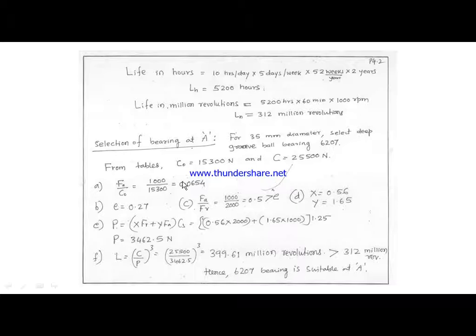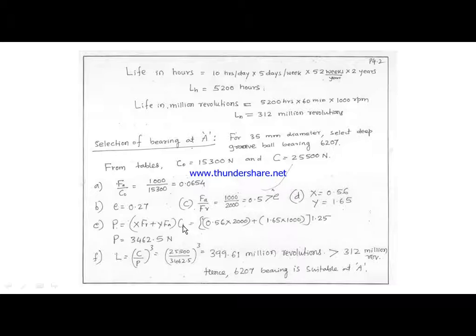Calculate the FA by C0 ratio, which is 0.654. For this value of FA by C0, get the value of E from the tables. Compare this with the value of FA by FR. So the value of FA by FR is 0.5, which is greater than E, that is 0.27. So based on this condition, FA by FR greater than E, get the values of X and Y from the tables.